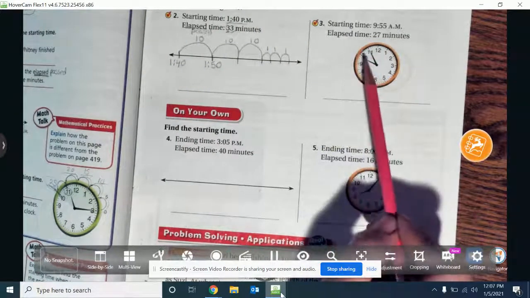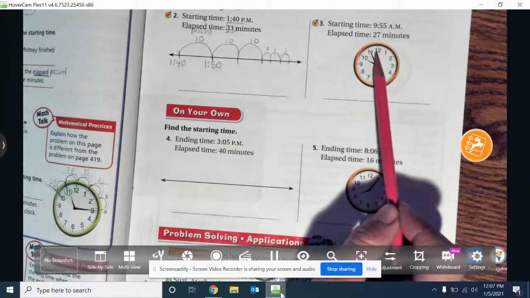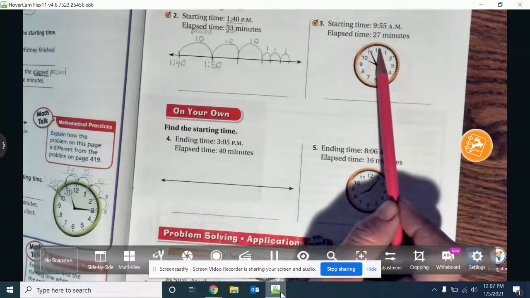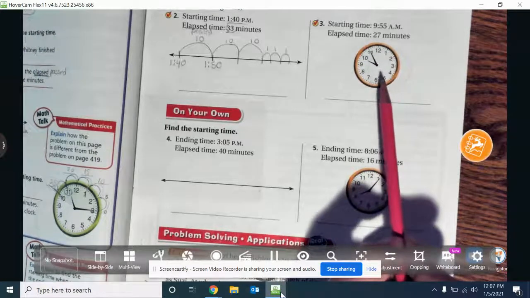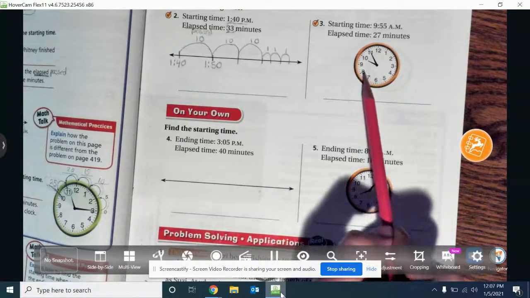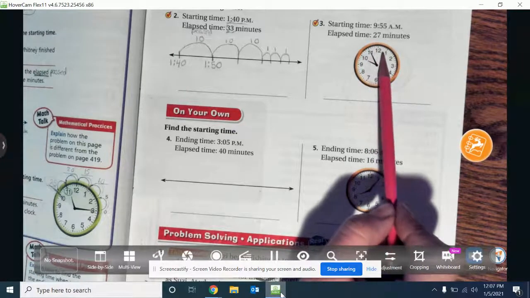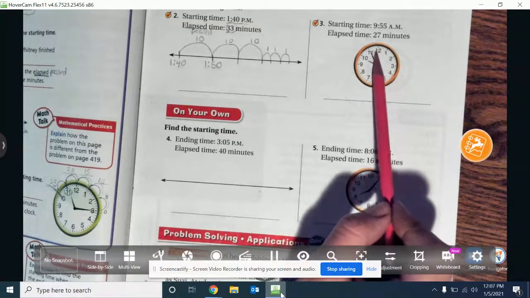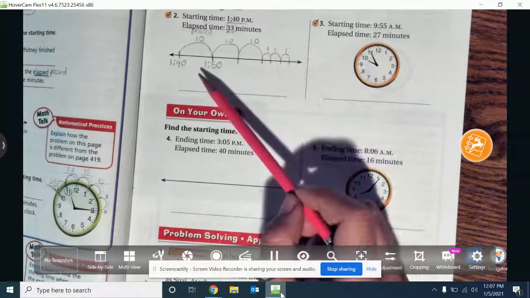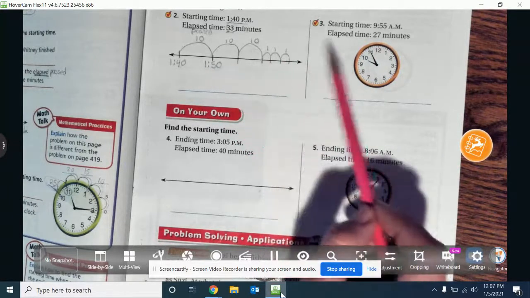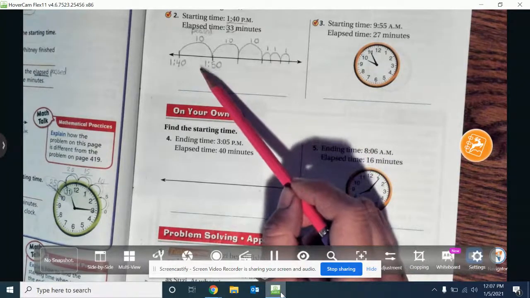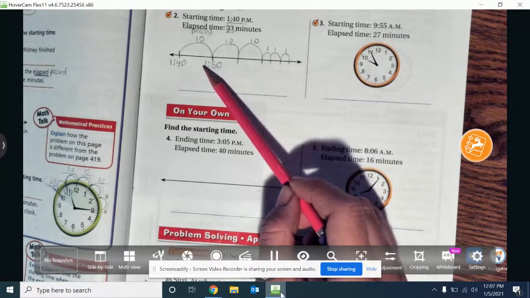Since our minute hand only goes up to the 60, right? Because we go 5, 10, 15, 20, 25, 30, 35, 40, 45, 50, 55, 60. We don't write a 60 on our times. We would automatically change it to the next hour. So the next hour after 1 is 2 o'clock.